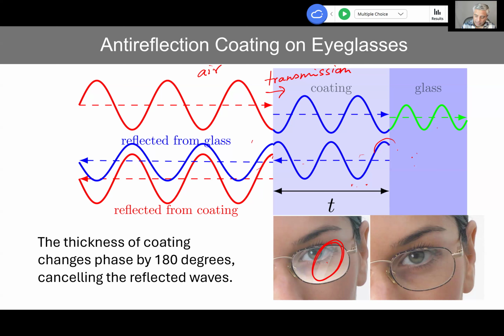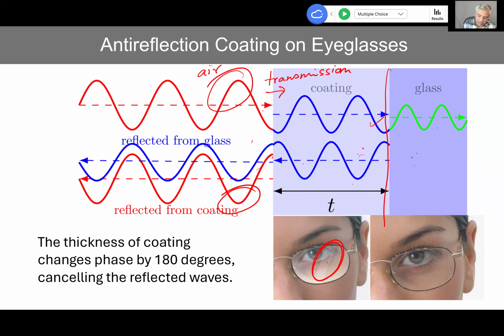Because of that, this blue light, the transmitted light, goes through a 180-degree phase change here. This red one went through the phase change right here at this boundary. Blue went through the transmission, and I'm showing that as blue going through the phase change at this glass boundary.